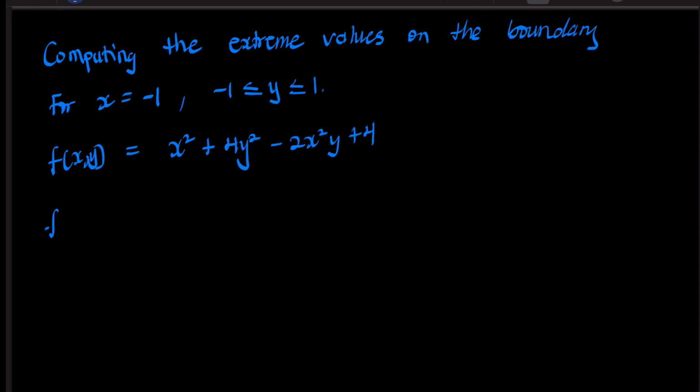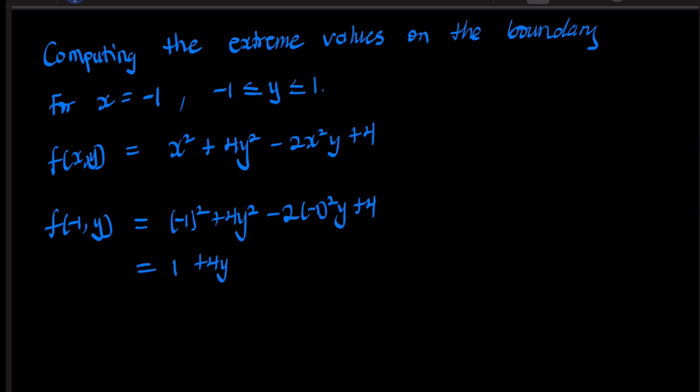So we are going to have f(-1, y) is equal to (-1) squared plus 4y squared minus 2(-1) squared y plus 4. So that's 1 plus 4y squared minus 2y plus 4. And this will give us 4y squared minus 2y plus 5.